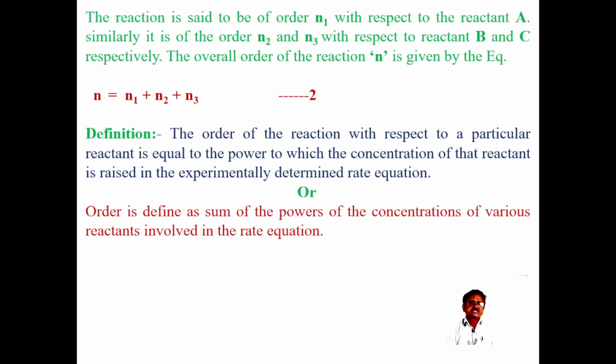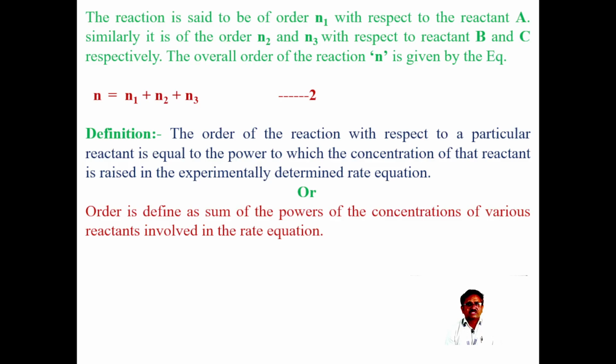So the reaction is said to be of order n1 with respect to reactant A. Similarly, it is of order n2 and n3 with respect to reactants B and C respectively. The overall order of the reaction n equals n1 plus n2 plus n3, that is, the sum of exponents of molar concentrations of reacting species in the rate law equation gives the overall order of reaction.